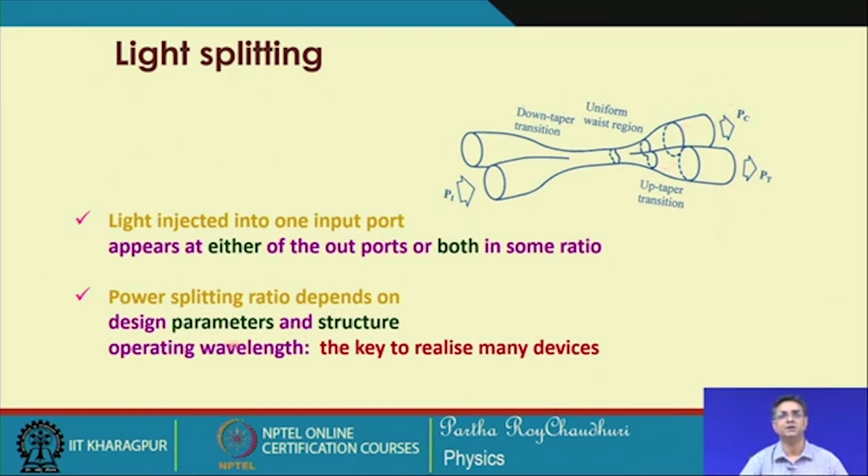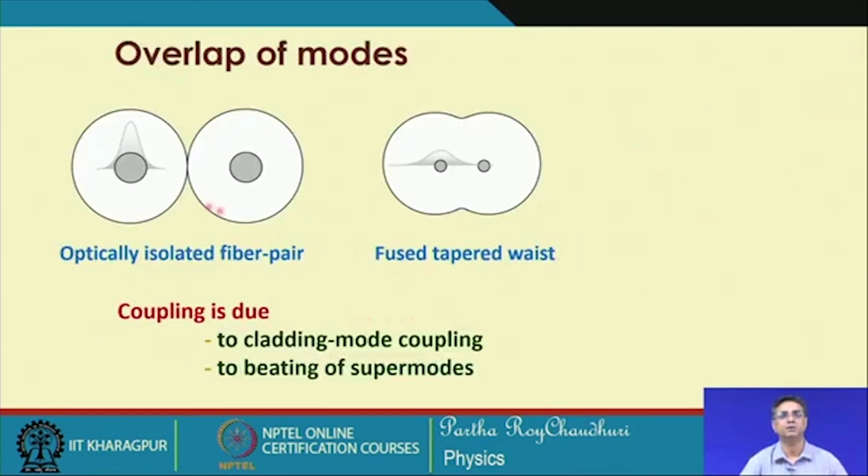This all depends on the design parameters and the structure of the coupler. These two things, the wavelength and the design parameters and structure, decide how this fiber coupler can be utilized for numerous applications. Wavelength dependent splitting is a very important part, which decides how it can be used for selective excitation of wavelengths, that is wavelength division multiplexing and demultiplexing. We will see that example also.